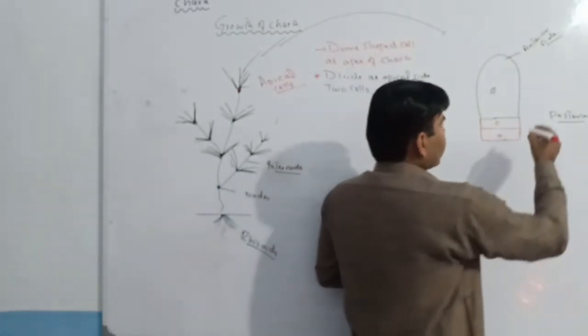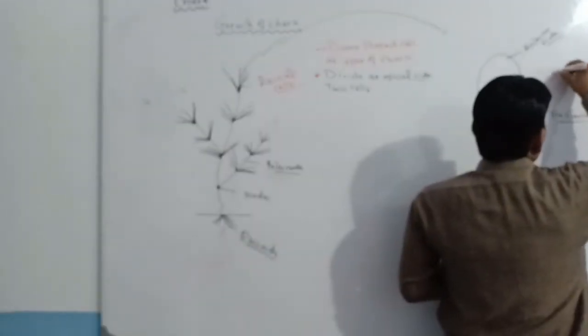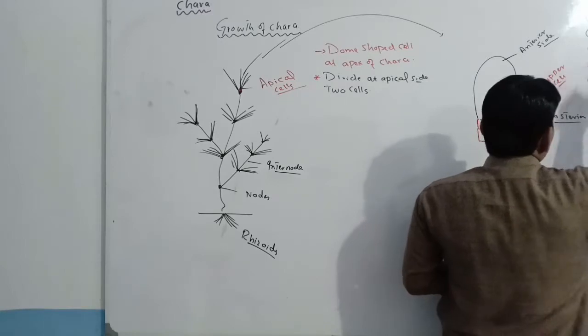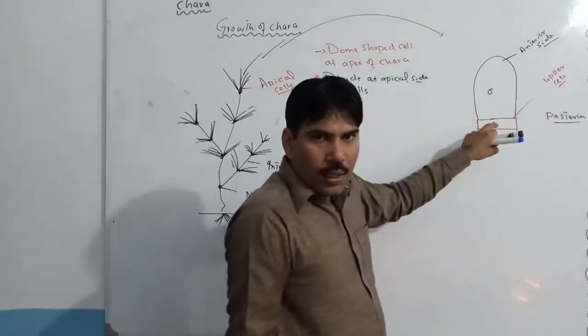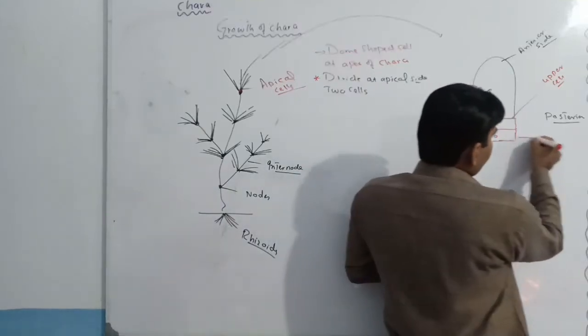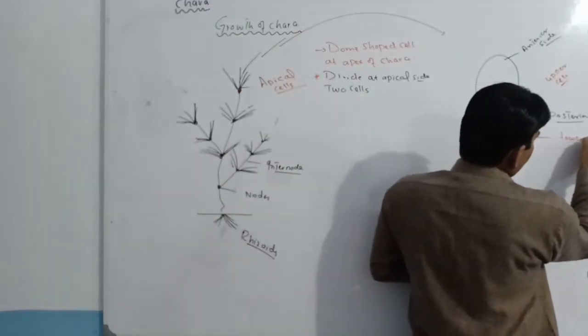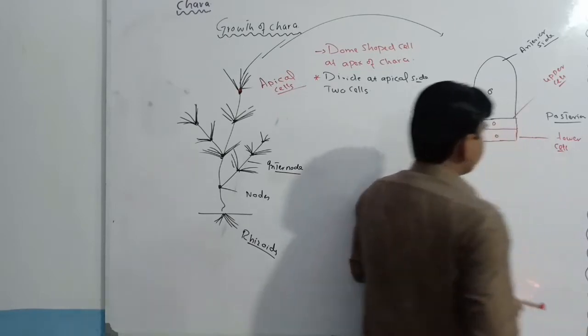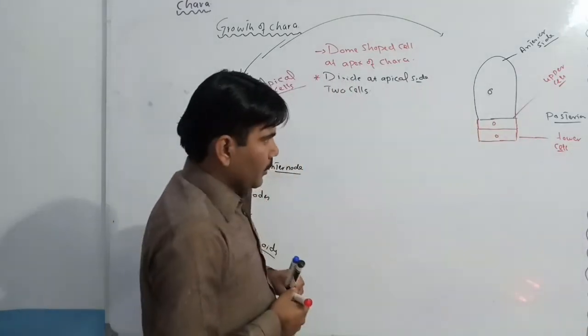One cell is known as upper cell because it is present above this cell, and this cell is known as lower cell. So these are two cells.